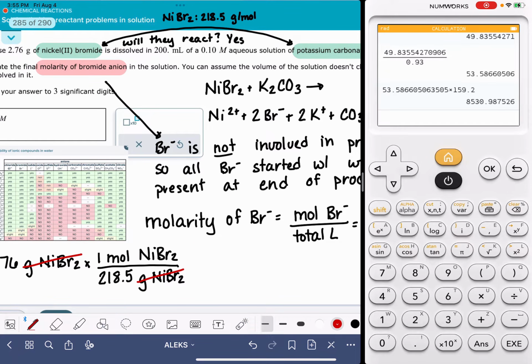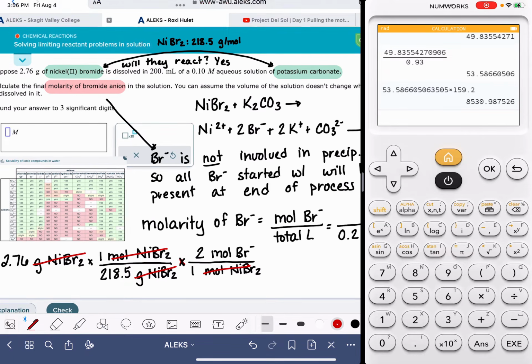Now this is going to tell us how many moles of nickel bromide we have, but what we actually need to know is not the number of moles of the NiBr2, right? That's not what we're looking for. We are looking for just the moles of bromide specifically. And looking at this molecular formula, we can see that we've got 2 moles of bromide in every NiBr2.